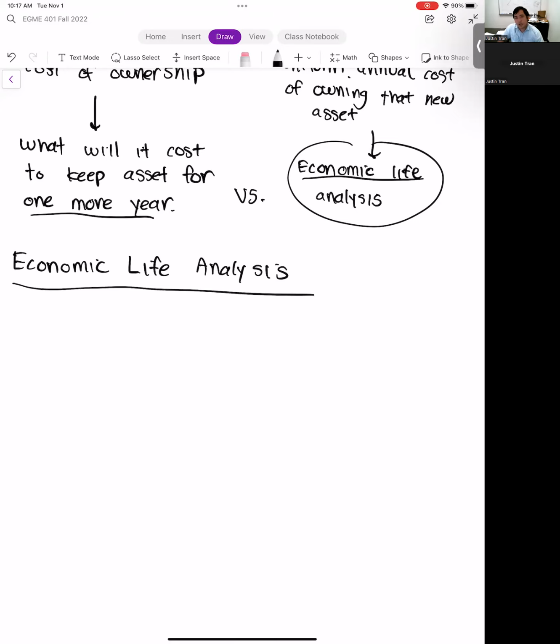Okay, so in economic life analysis, what you want to find out is two things. First of all, what's the optimal amount of time that you can keep an asset, that you can keep the cost down.